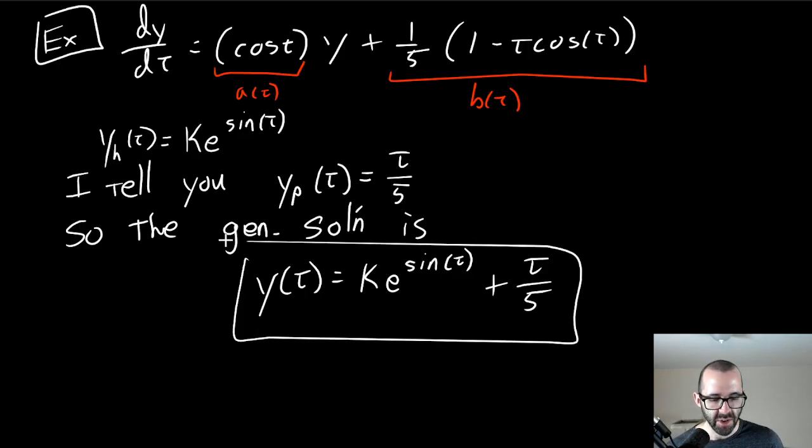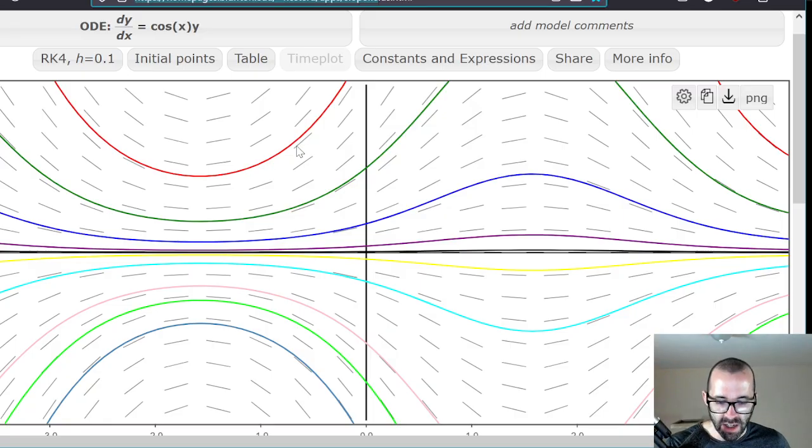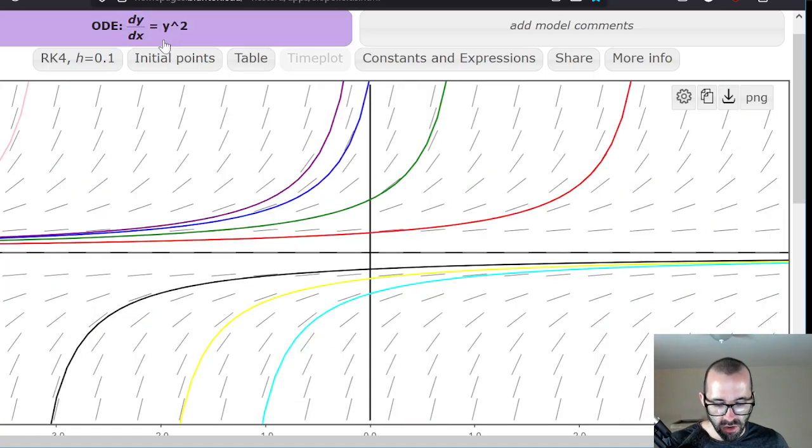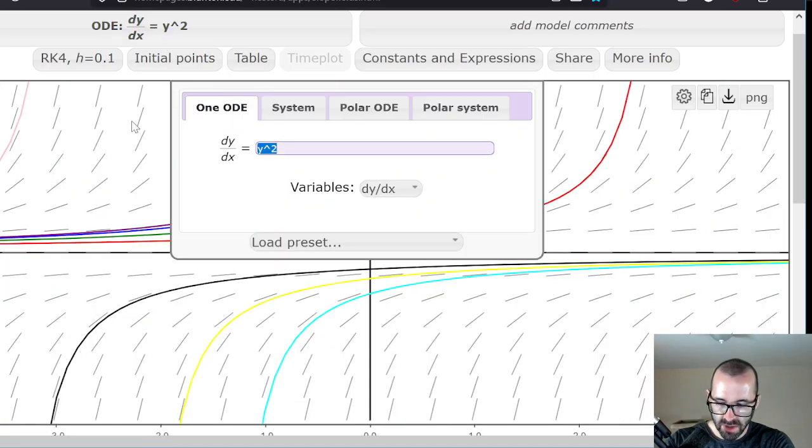And what's interesting is you can really see this linearity thing happening. What do you think the slope field is going to look like for this non-homogeneous differential equation? So here is the slope field for the homogeneous version. For the non-homogeneous version, again, I'm just going to use x here to save myself some time, that was cosine of x times y plus 1/5 times 1 minus x times cosine of y.